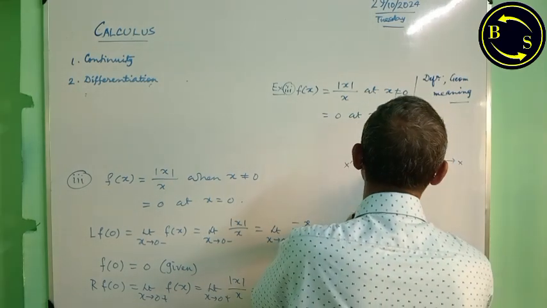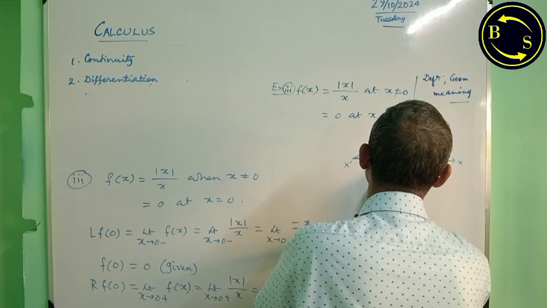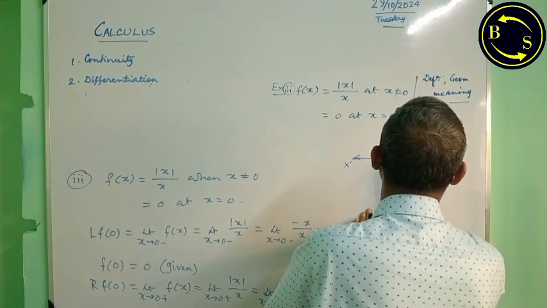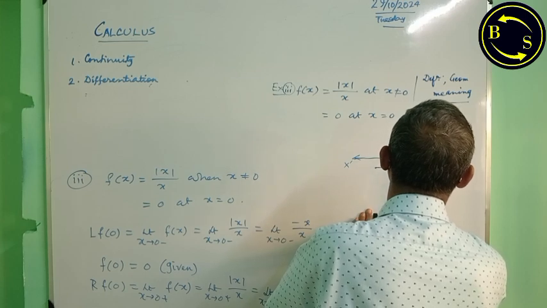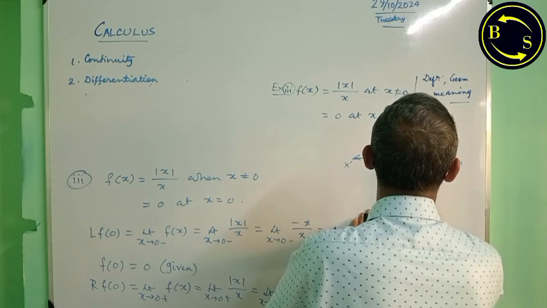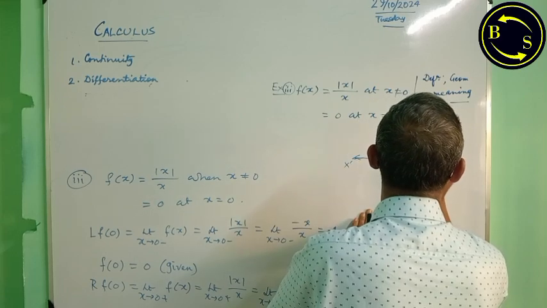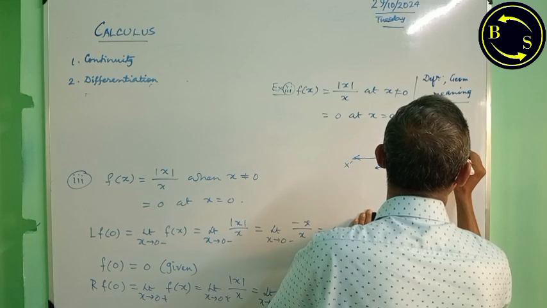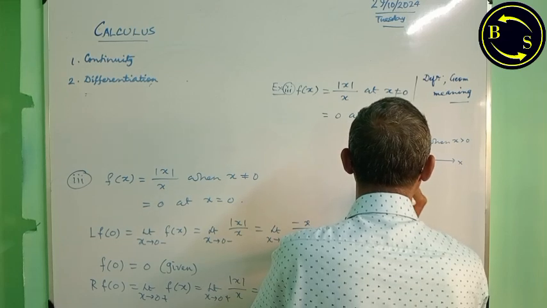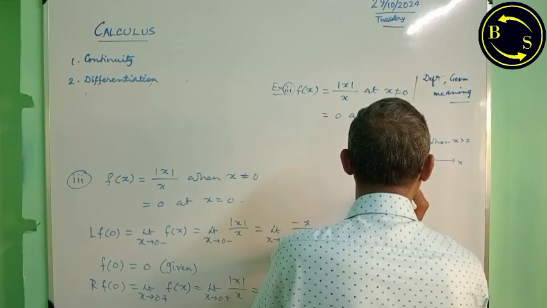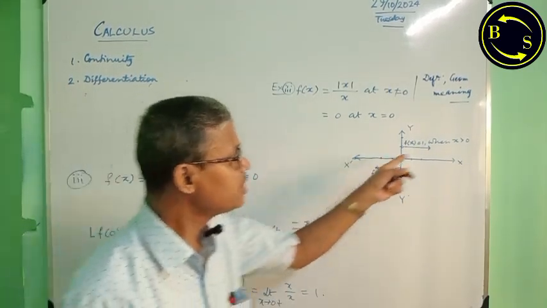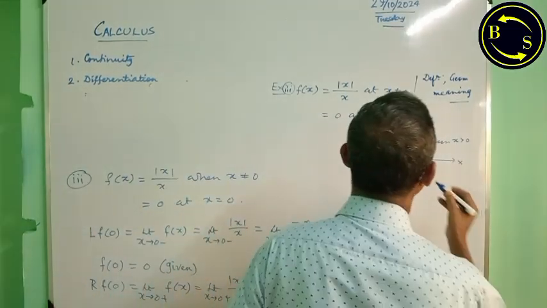That means when x is less than 0, and when x is positive, the graph is indicated by this ray.